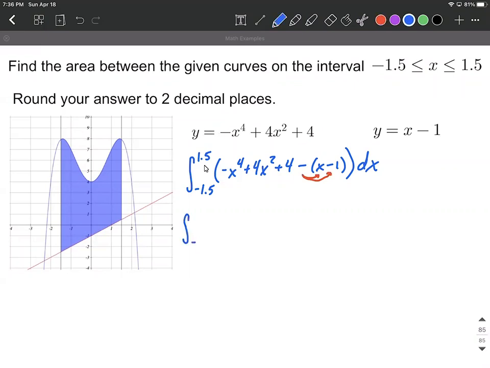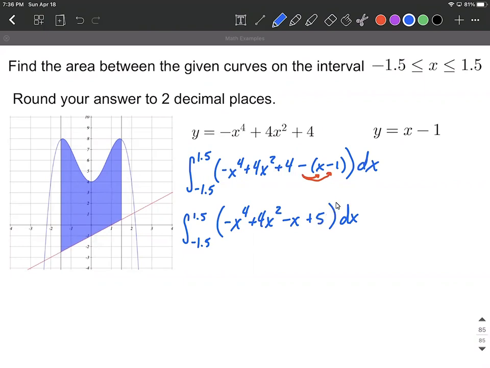So we're looking at the integral from -1.5 to +1.5, -x to the fourth, plus 4x squared, and then we'll have a minus x to the first power as we distribute that negative, and then we'll have 4 plus 1 will make a +5. The 4 plus 1, we had +4, and then you distribute this negative to this -1, that'll make a +1, 4 plus 1 giving us 5.